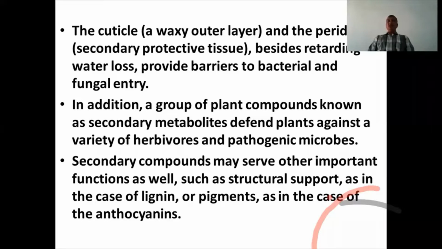In addition to these layers, we have a special kind of organic compounds called secondary metabolites, which help plants defend themselves, exist on the earth, and combat herbivores and pathogens, using a weapon called secondary metabolites.